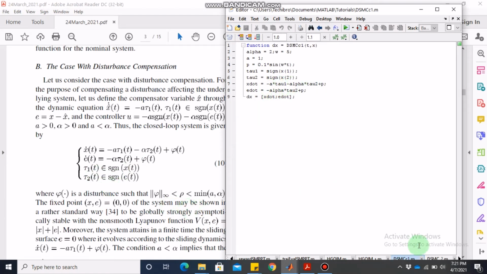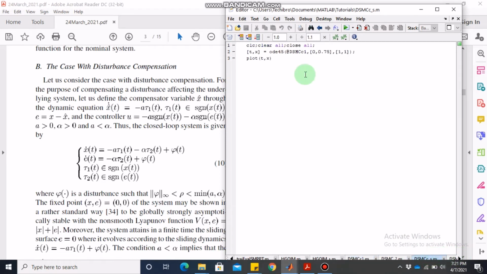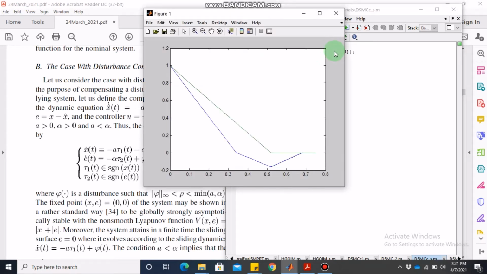So I can run these dynamics using my script file which calls these dynamics, and I run it for only 7.75 seconds, because for 0.75 seconds it takes at least quite a few seconds to run.